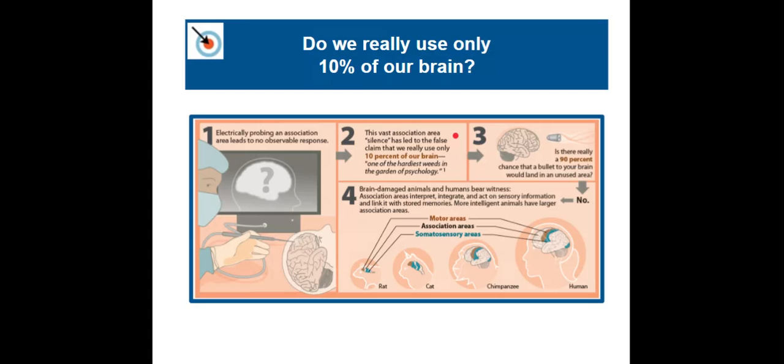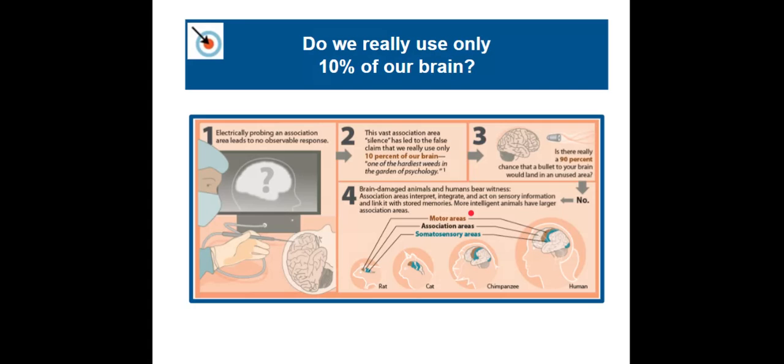Okay. So, number 3, is there really a 90% chance that a bullet to your brain would land in an unused area? Well, the answer is no. There are lots of studies that have been done. One of the problems is this: our brains are not really unused.